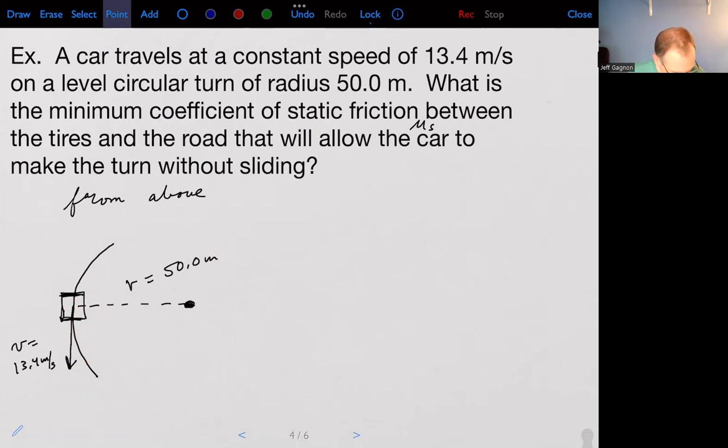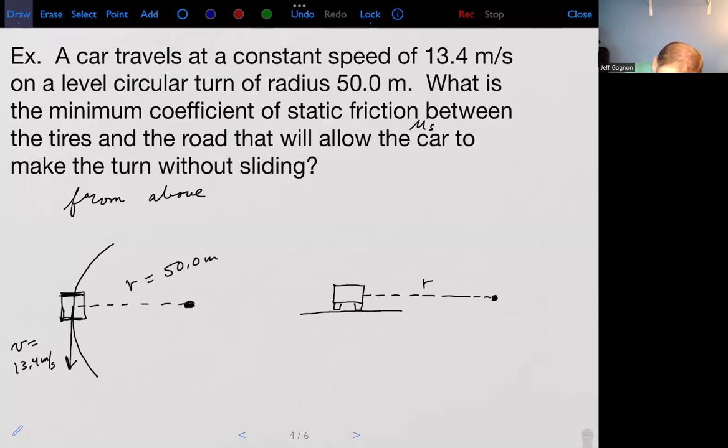Let's draw this picture again, but looking from the front. So if we're over here somewhere and we're looking at it from the front, it'll look something like this. So here's the car. Right here are the tires. This is going to be the radius, R. It has several forces acting on it. This is the road here.